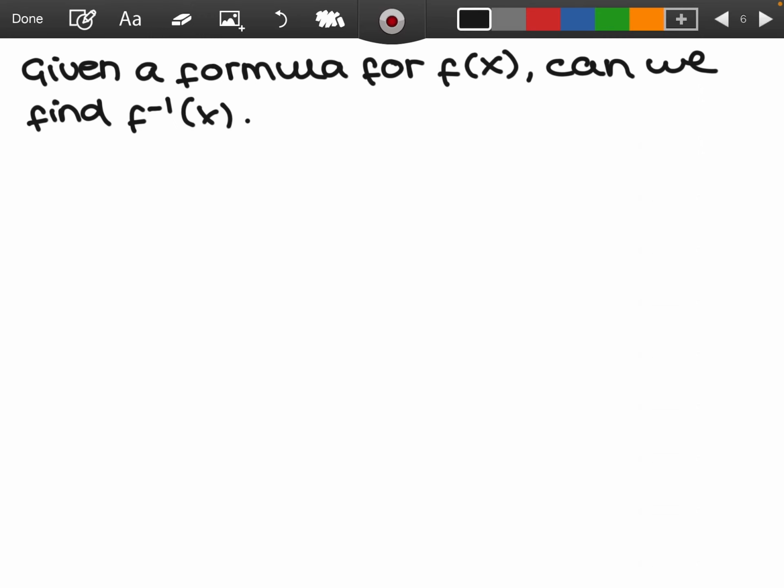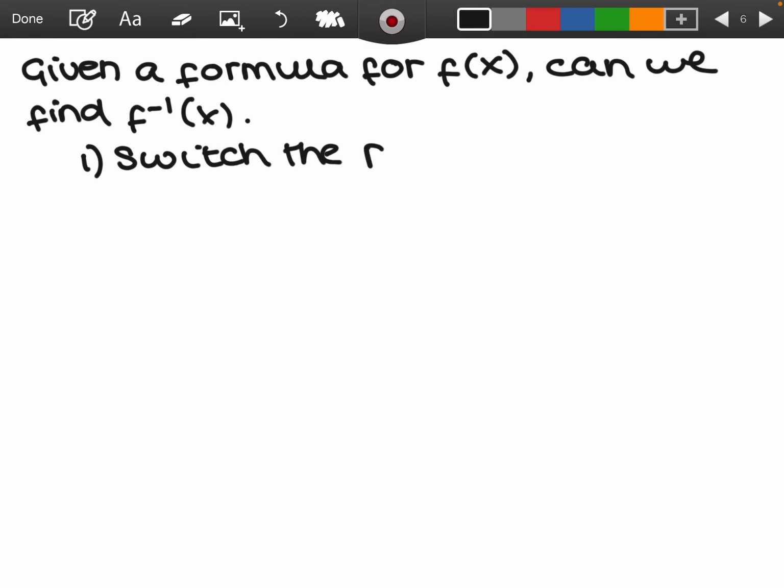Simply what you do here is, again, remember, if the point (a, b) lies on f(x), that means that if I switch the x and y coordinates, that point (b, a) will be on the inverse of f.